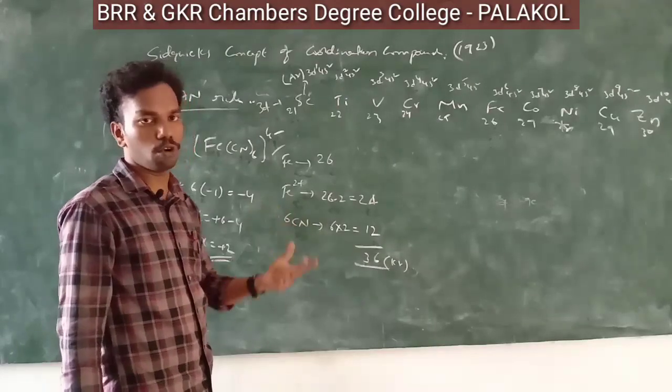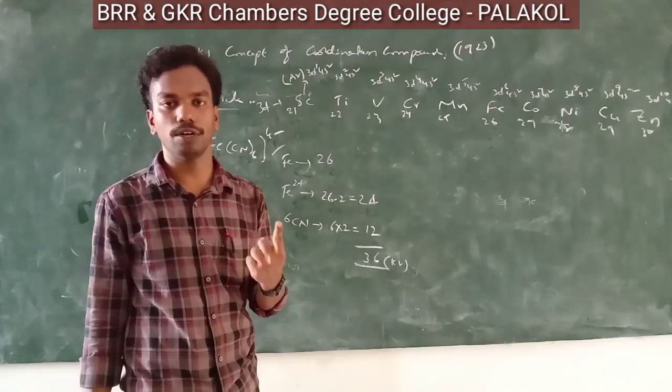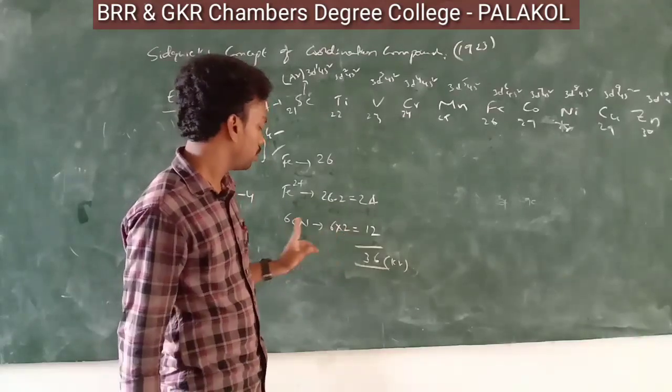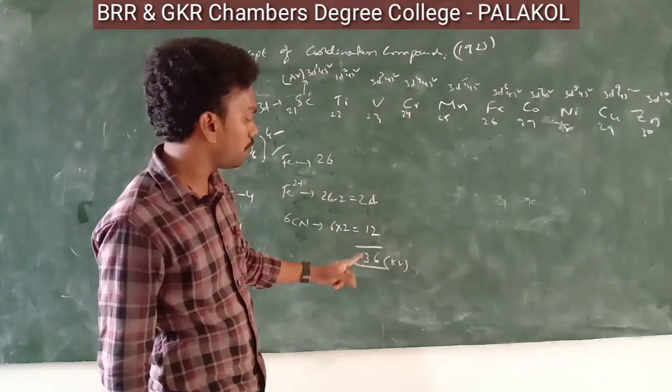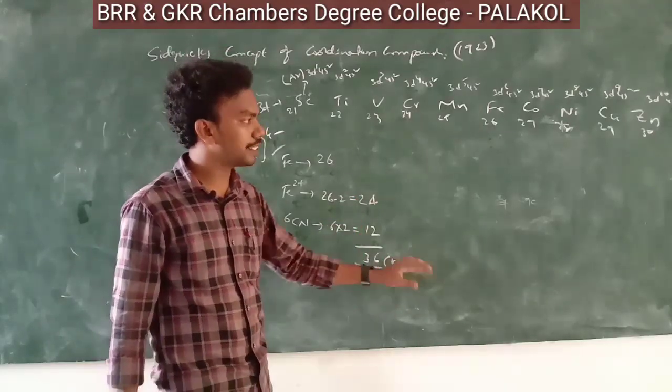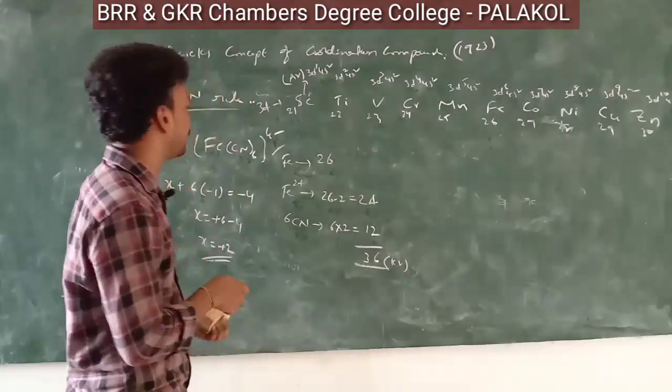Each cyanide donates 1 lone pair, that is 2 electrons. With 6 cyanides, that is 12 electrons. So 24 plus 12 is 36, which equals the nearest noble gas configuration, krypton, 36.